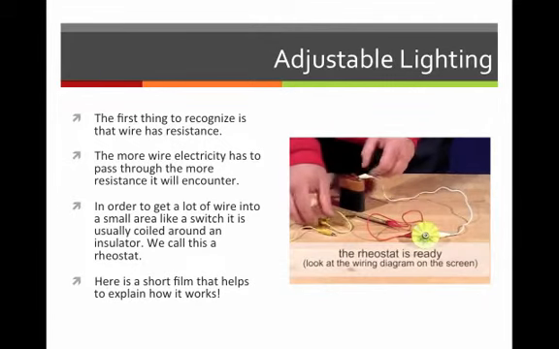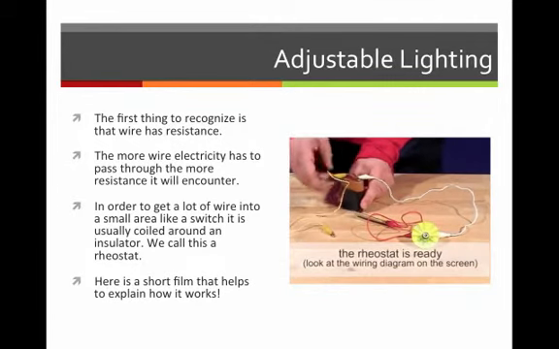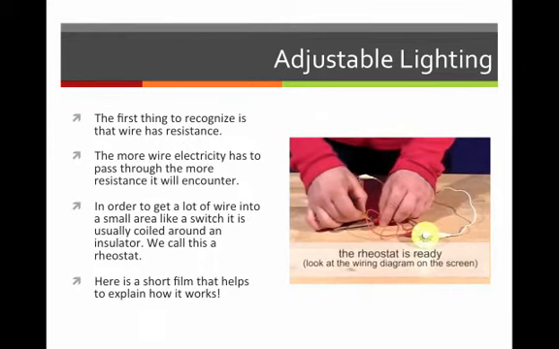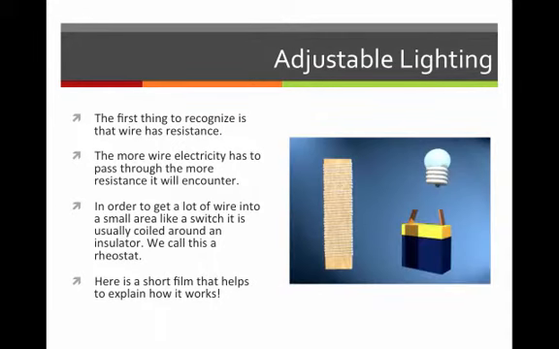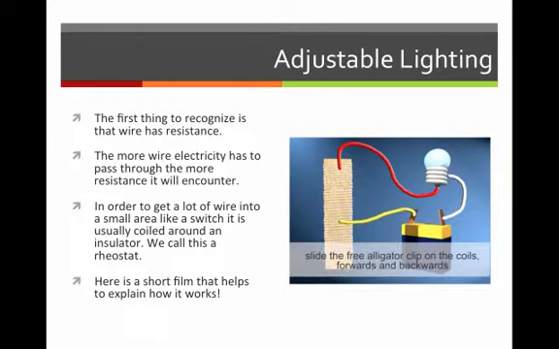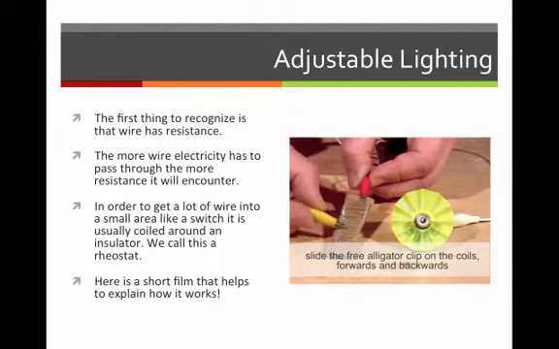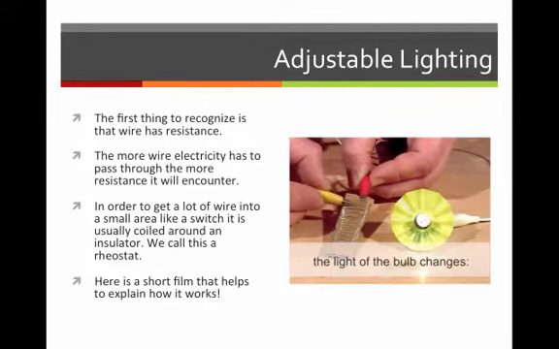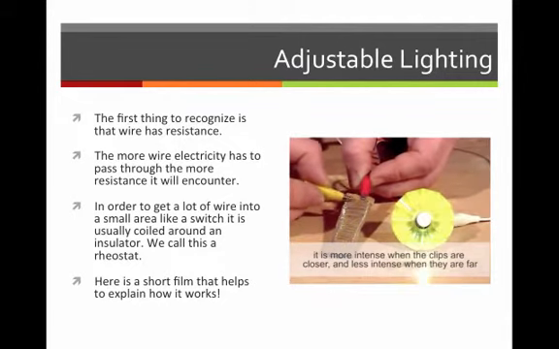The rheostat is ready. Look at the wiring diagram on the screen. It is more intense when the clips are closer and less intense when they are far.